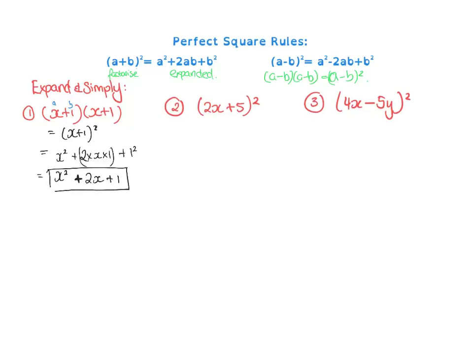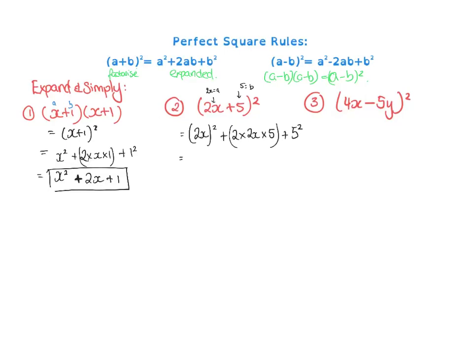Now in example 2, 2x is like the a, and the 5 equals b. If I was expanding it out, the rule says to square the first term, then add 2 times a times b, that'll be the middle bit, plus b squared.